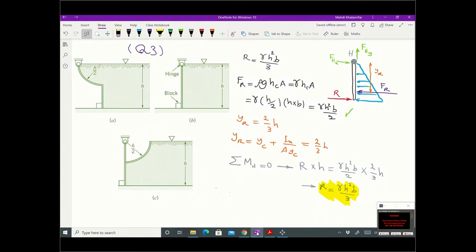So find what is the force the block applies to the gate for drawing A, or section A. Be careful about the area you're cutting out. When you're cutting out, you need to have all the involved section in that part.